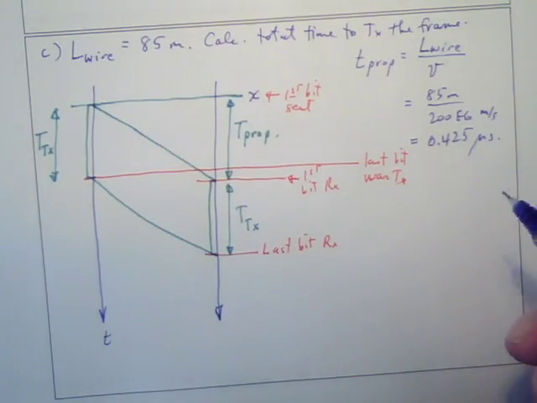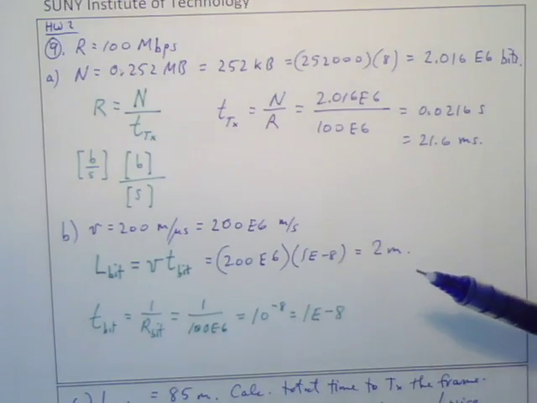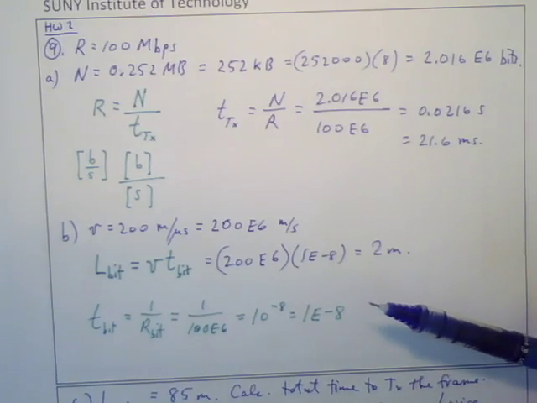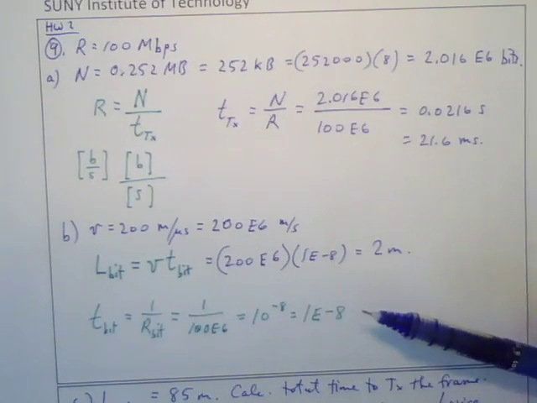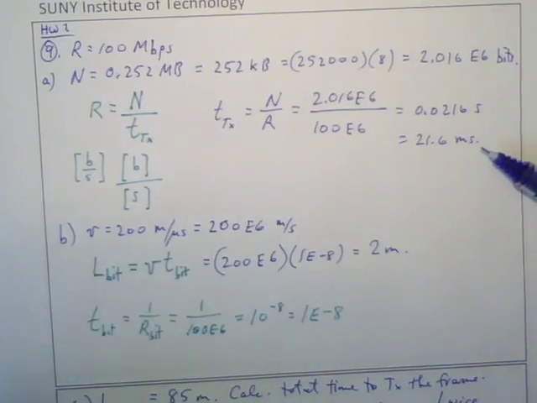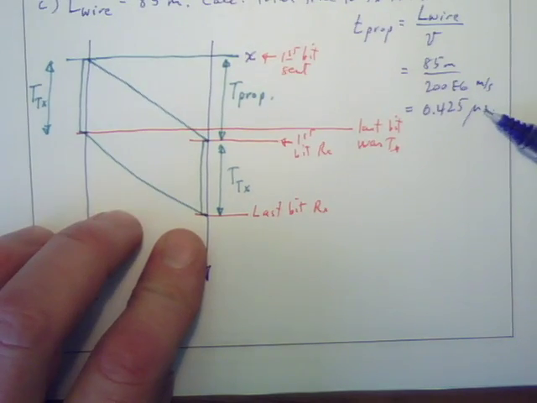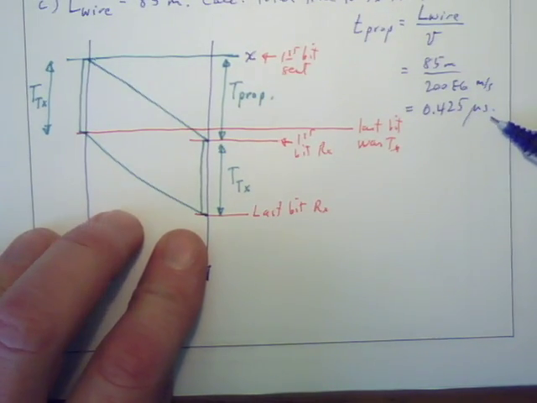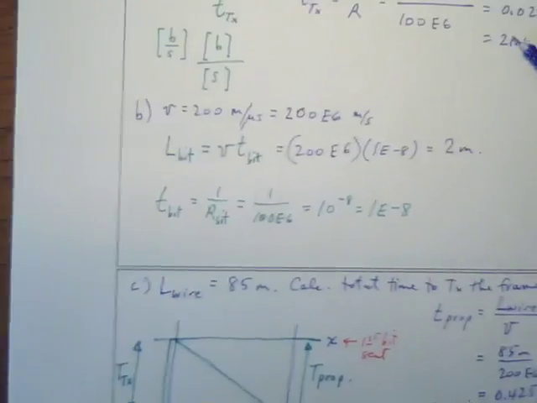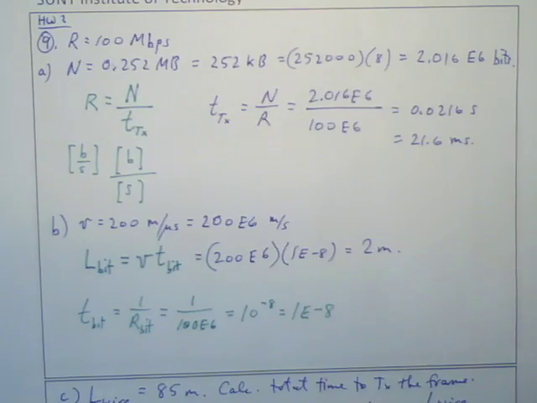We've already calculated the time it takes to transmit the file, and that was 21.6 milliseconds. So the amount of time it takes to propagate, about 4/10 of a microsecond, is much, much less than it takes to actually transmit the bits, which is 21.6 milliseconds.